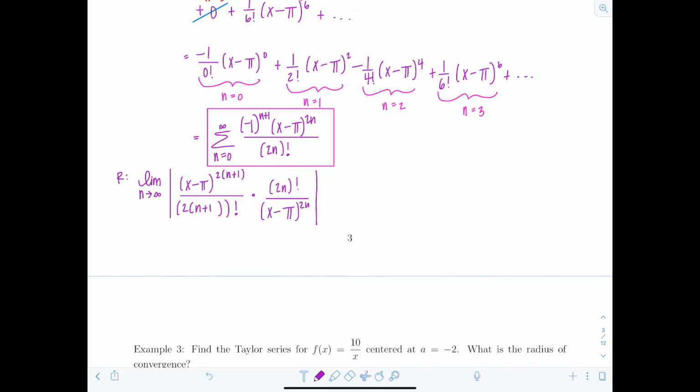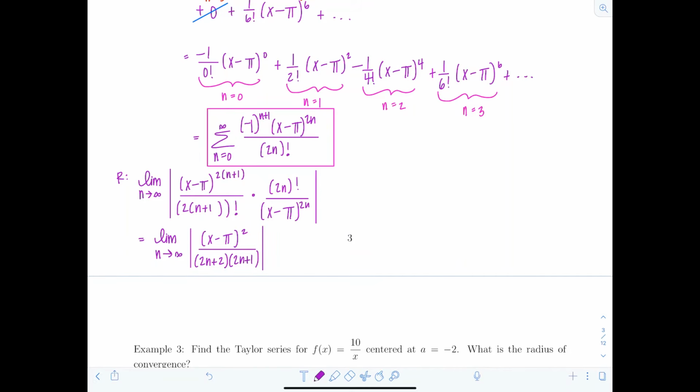I have the absolute value of all of that. And then this is going to give me the limit as n approaches infinity. Now the exponent would be 2n plus 2, so I'm just going to have x minus pi squared left over. And then over here we have 2n plus 2 factorial, so that'll cancel with the 2n factorial, but I'll have 2n plus 2 and 2n plus 1 left over.